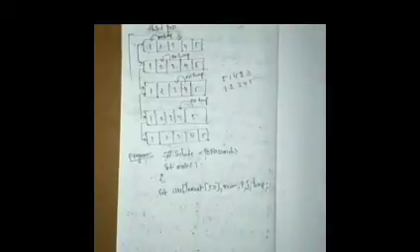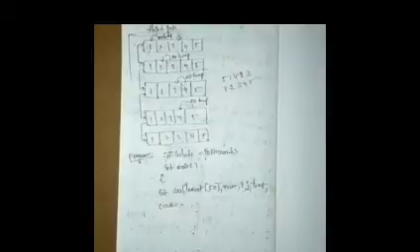Temp means your temporary. Okay, and next here I am performing cout. Cout means here it will display the output. So here, what we need first: enter the size of array.